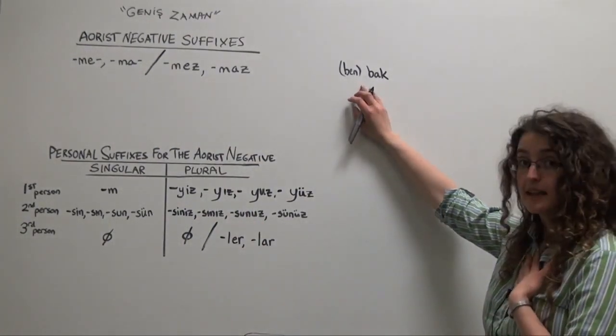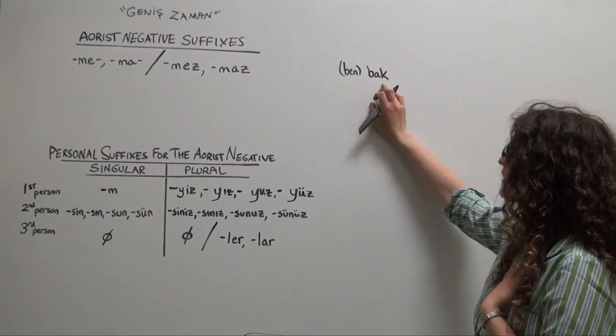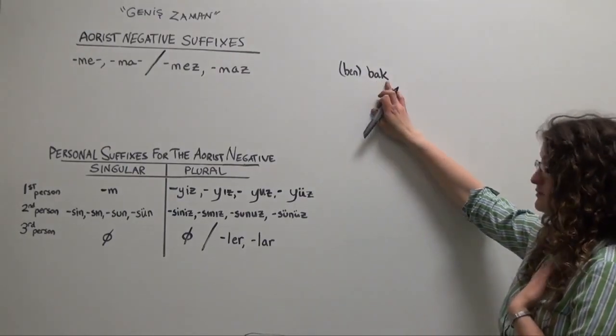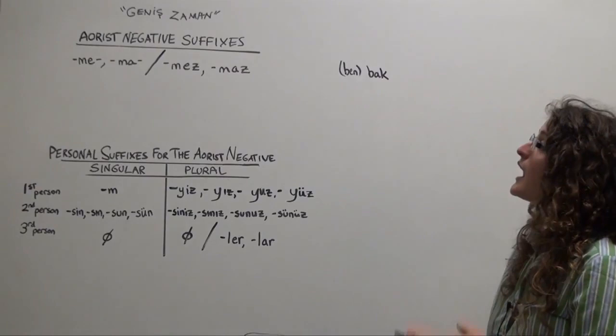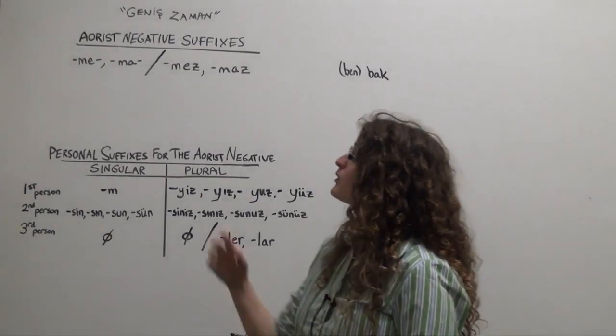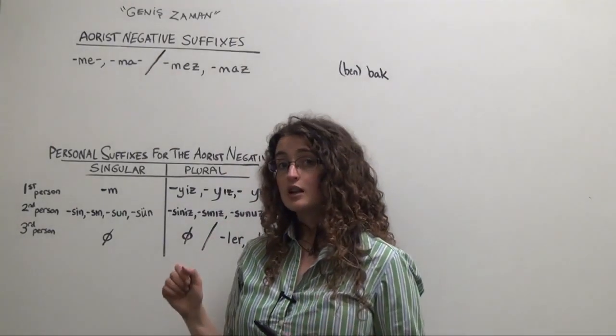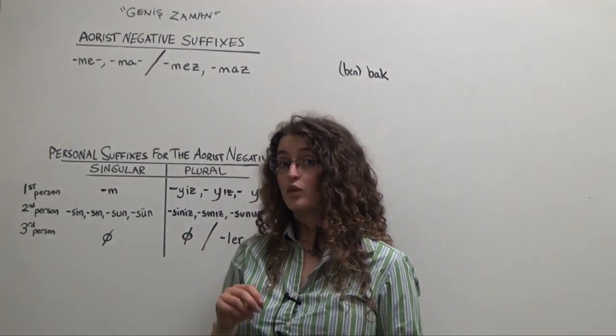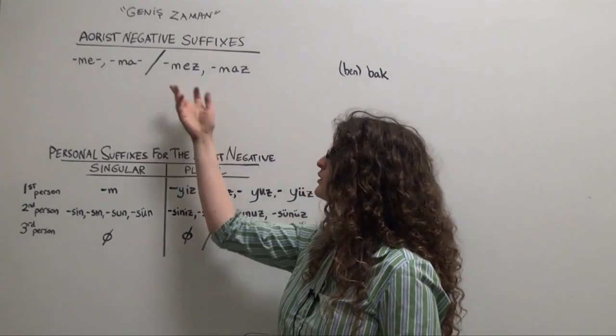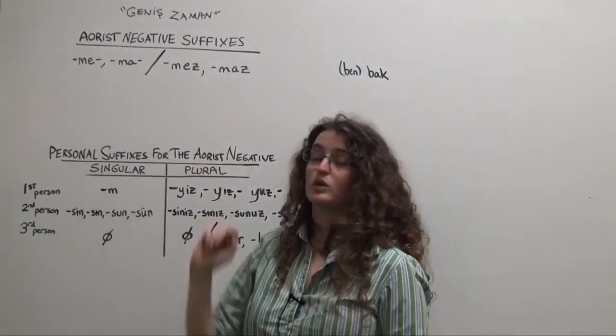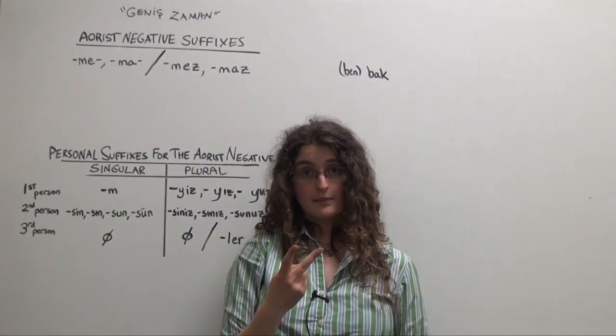For the first person singular, we'll start with our verb stem as always, and we will choose the appropriate aorist negative suffix. Notice that the aorist negative suffix comes in two forms, which vary according to the rules of two-way vowel harmony.